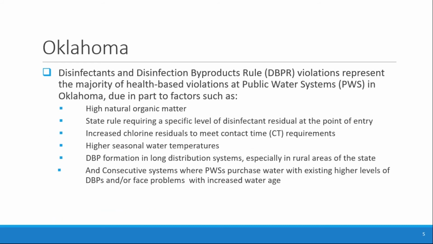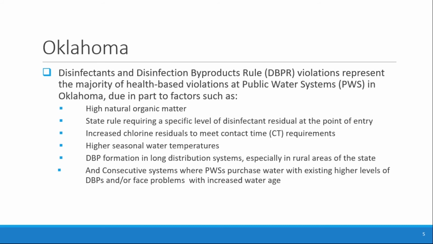And I already mentioned the high content of organic matter in the soil, and state rules requiring 0.5 milligrams per liter of chlorine at the point of entry in at least Louisiana and Oklahoma, and our other states require at least 0.2. We have long distribution systems in Texas and Oklahoma and our other states. And with that, you've got higher residence times and more time for disinfection byproducts to form.